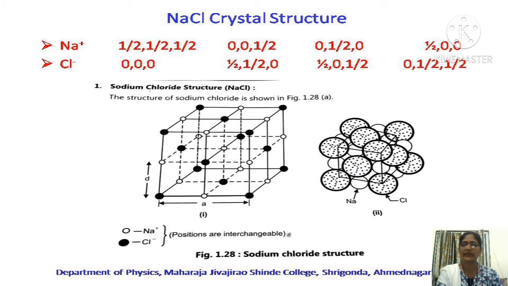Just now I explained that as the atomic radius of the chlorine ion is greater than that of the sodium ion, the chlorine ions occupy the corner positions and also the face centered positions, whereas the Na plus ions, which are the cations, occupy the octahedral void spaces, and they are separated by half of the body diagonal. Therefore, if I represent the chlorine ion at the 0, 0, 0 position, then Na plus will be situated at the half, half, half position.